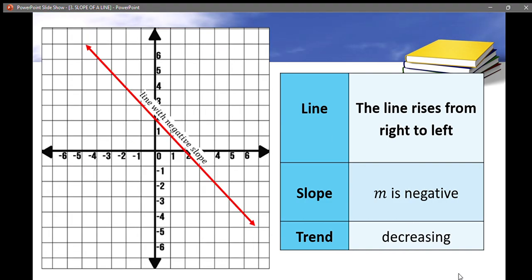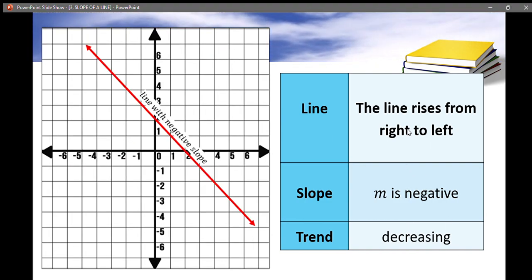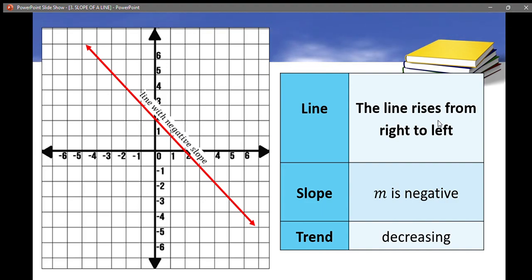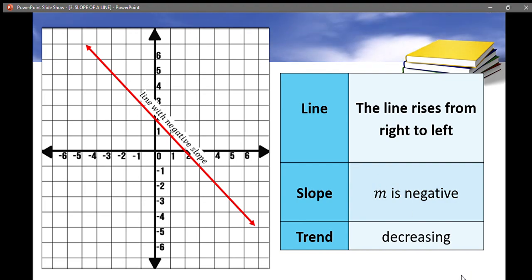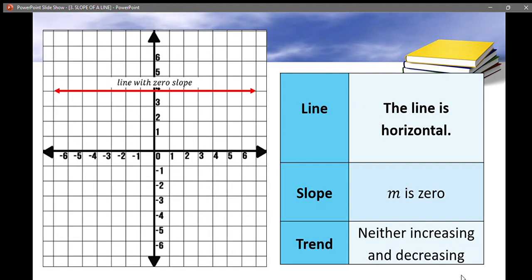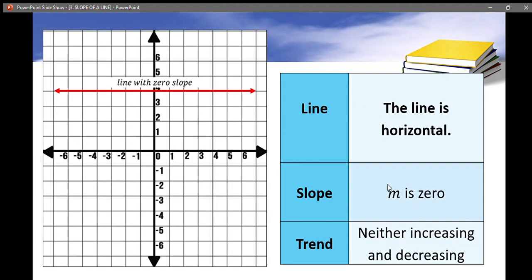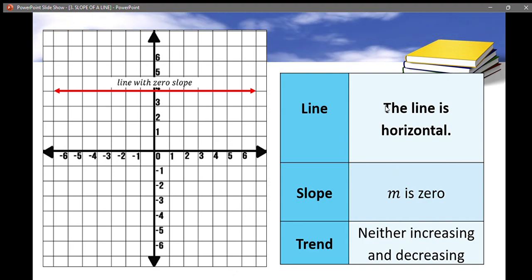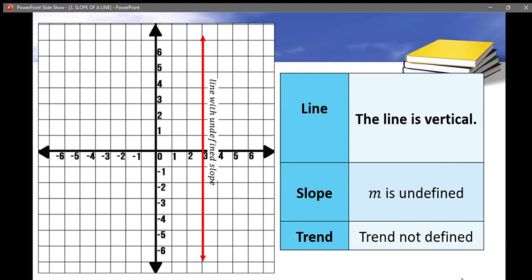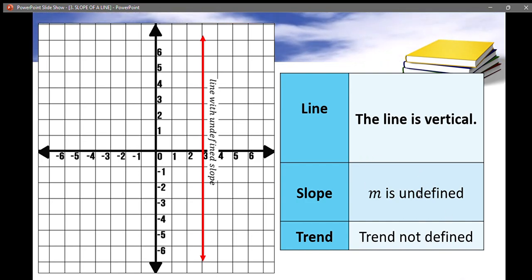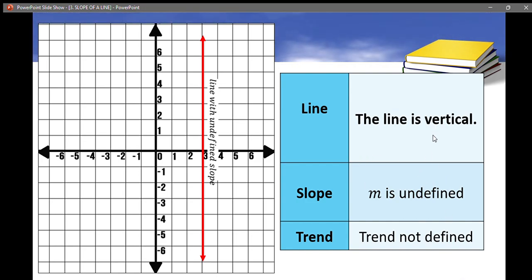Next, if we have a negative slope, the line goes up from right to left. Next, if our slope is 0, our line is horizontal. And lastly, if we have an undefined slope, the line is vertical.